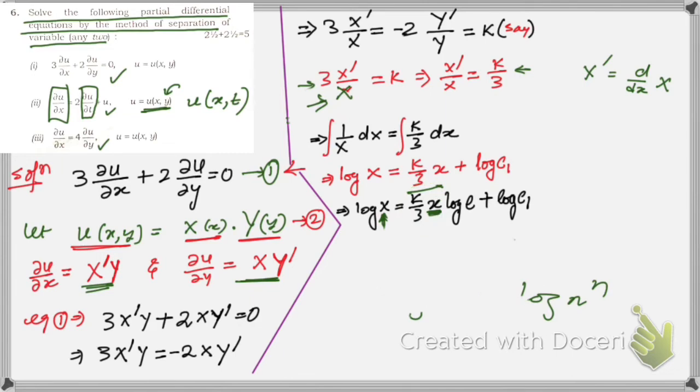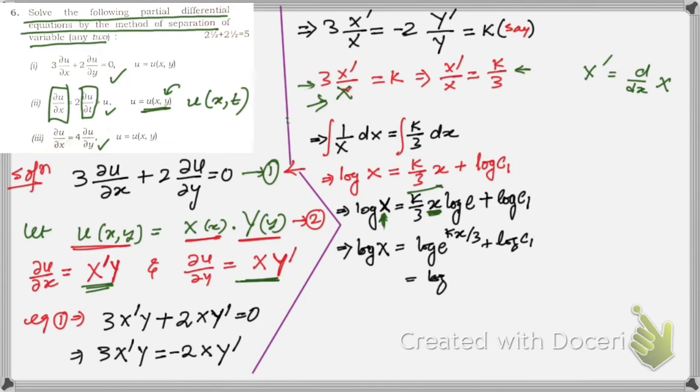So now it can be written as log of capital X is equal to log e to the power kx by 3, plus log c1. Now in this step we apply log m plus log n equals log of m into n.